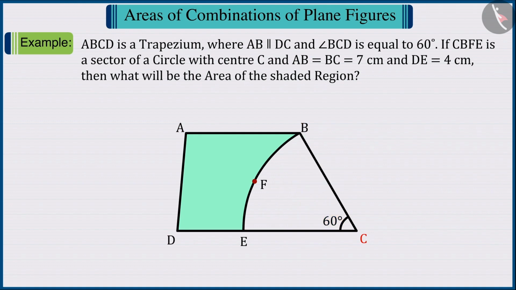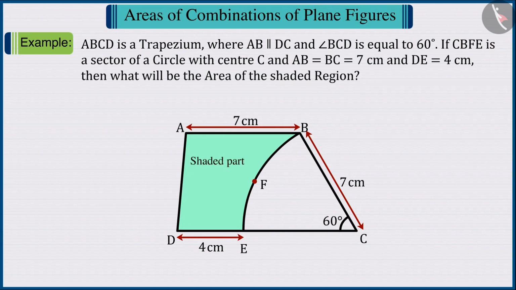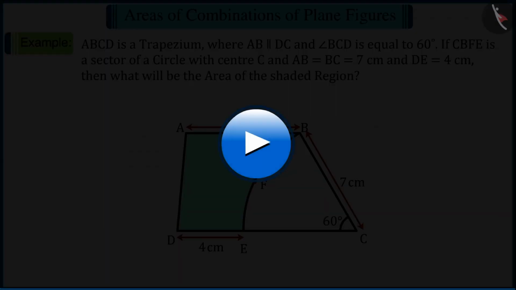If CBFE is a sector of a circle with center C and the measure of AB and BC is 7 centimeters and the measure of DE is 4 centimeters, then what will be the area of the shaded region? Pause the video to solve the question and then match your answer.